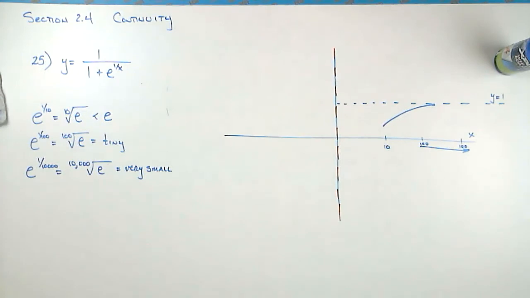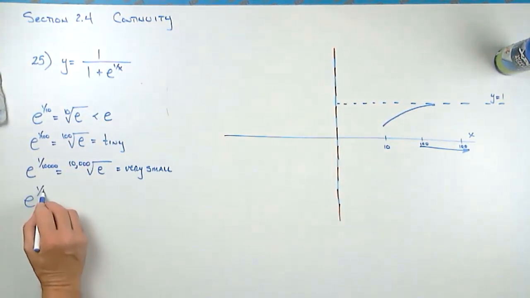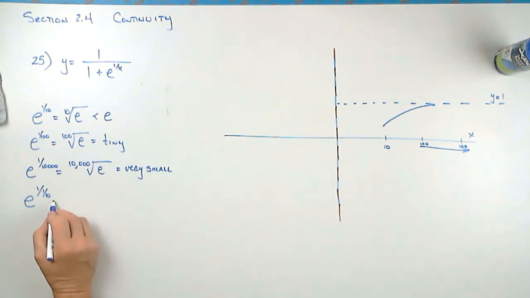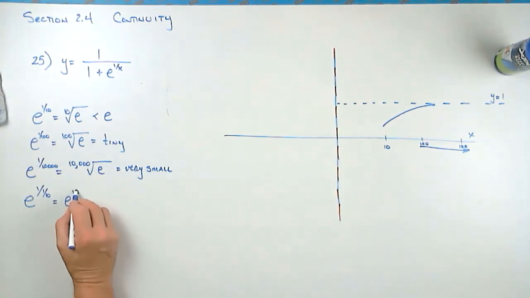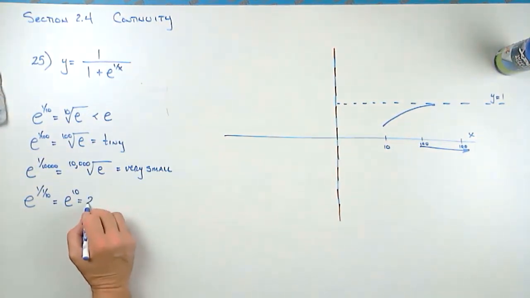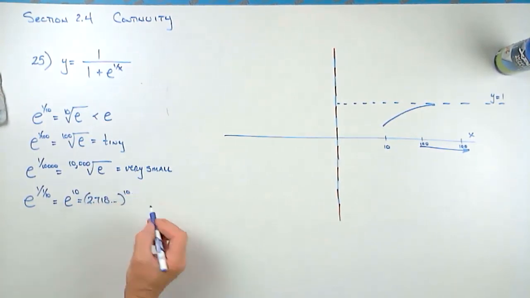What happens when we plug in a tiny number? Well, what's e to the 1 over 1 over 10? Well, that's e to the 10th. That's what that is. E to the 10th is huge. That's 2.718 dot dot dot to the 10th.